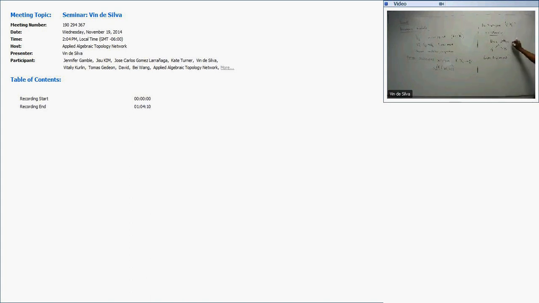So for this interleaving there's an epsilon, and you can then define the interleaving distance, which is basically the infimum of epsilon such that this can be done. I'll just put dots there.